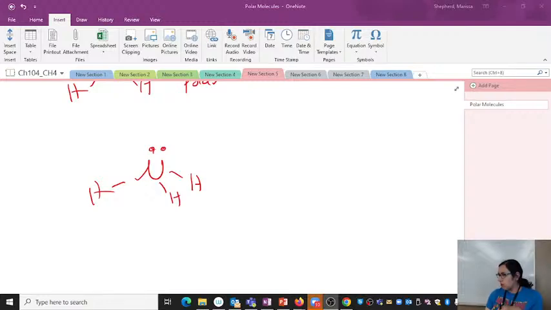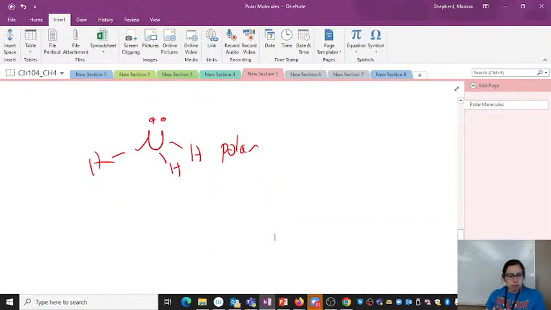So I see polar in the chat, so that would be correct, right? You have the two lone pairs on this one side, so this side is very electronegative. It has all our electron density, so this would be polar. You would actually find that ammonia can react from this nitrogen. It can bind to metals from those two lone pairs.